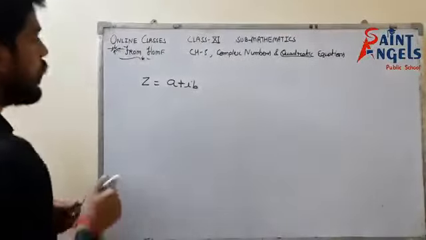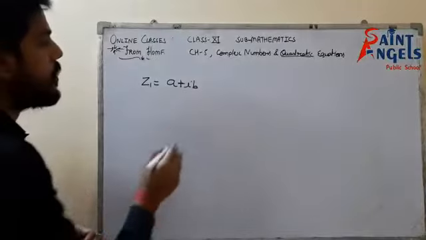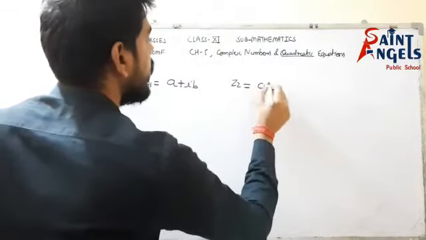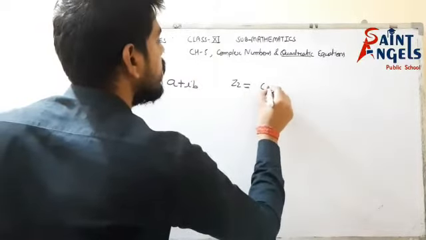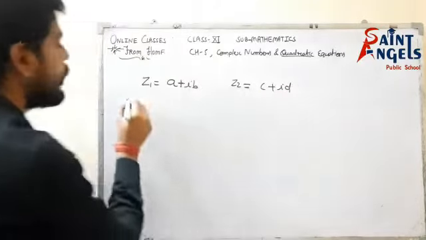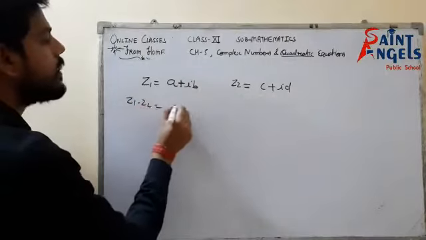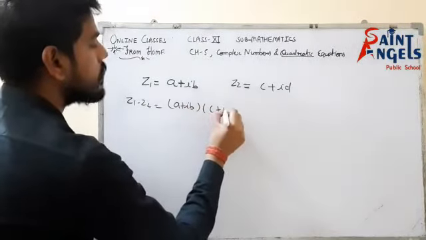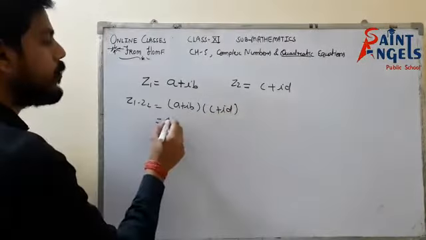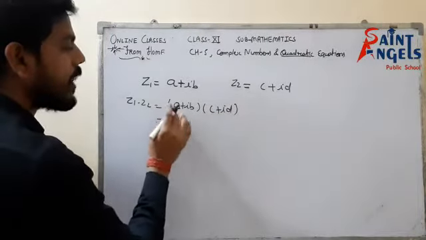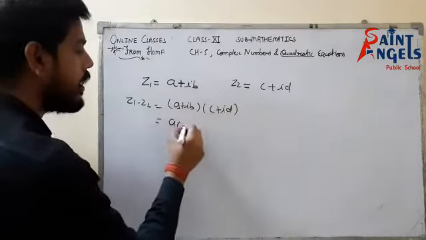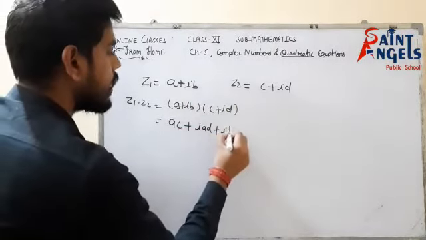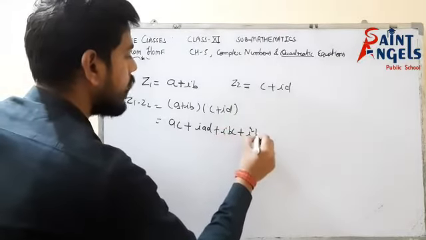If we have two numbers, z1 equals a plus iota b and z2 equals c plus iota d, then we will multiply z1 z2 like that: (a plus iota b)(c plus iota d). First of all, I am multiplying by a in the bracket, so ac plus iota ad plus iota bc plus iota square bd.